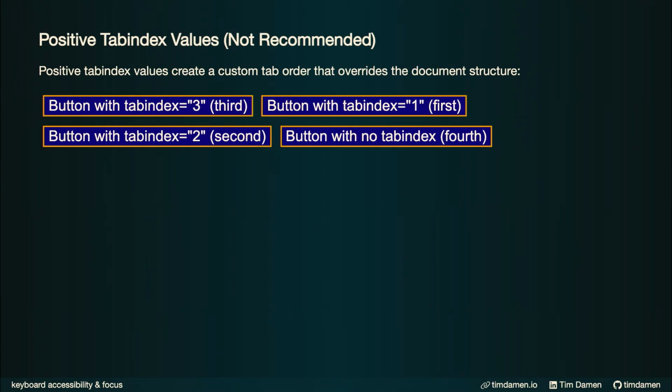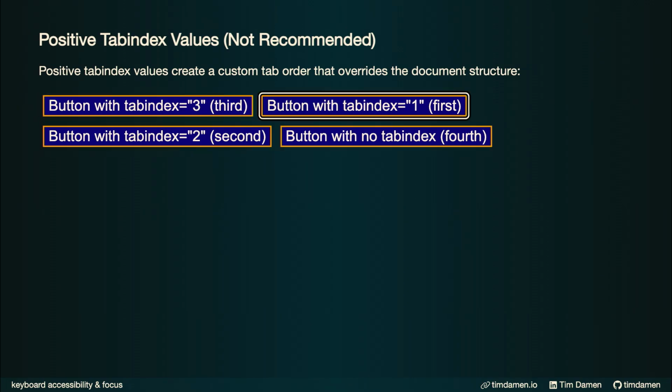And then we have the very not recommended style, tab index plus value. So I gave the buttons, as you can see, all different tab index values. So this one 1, 2, 3, and 4.